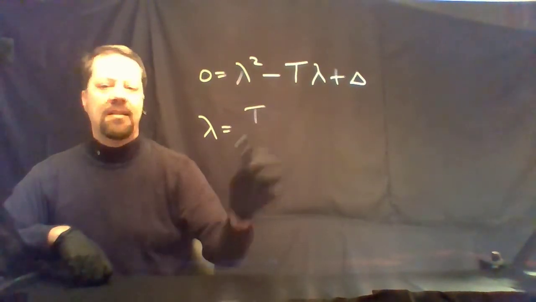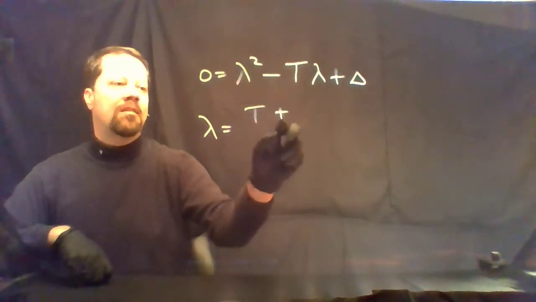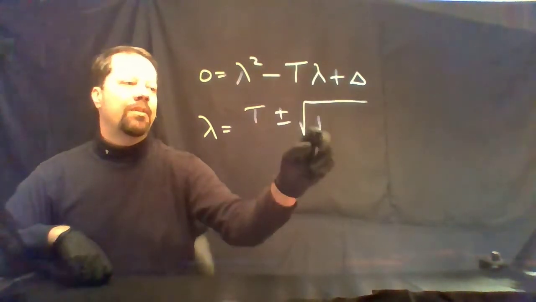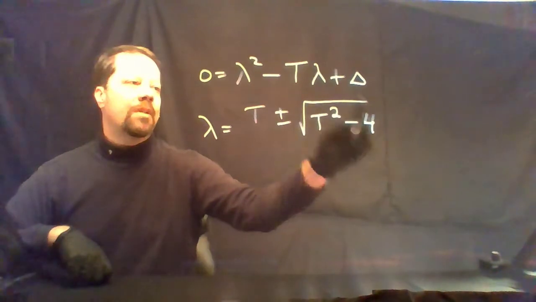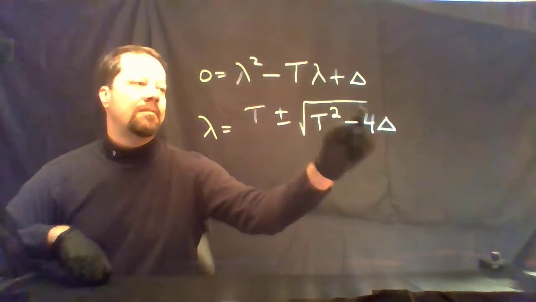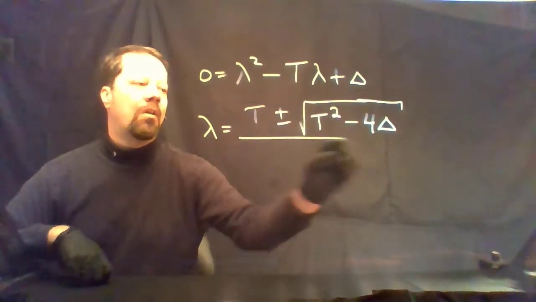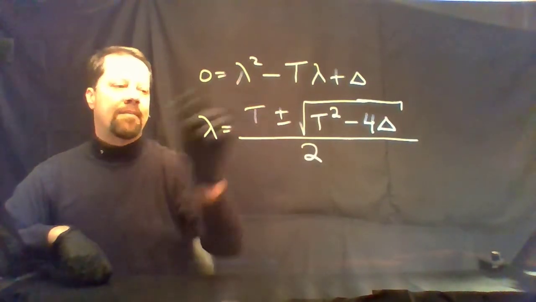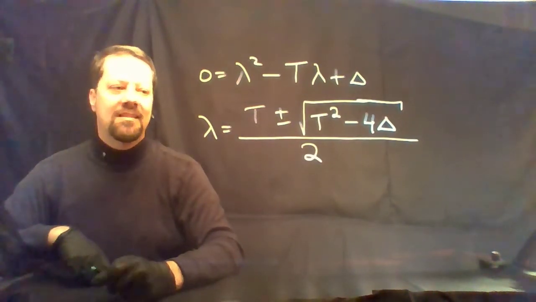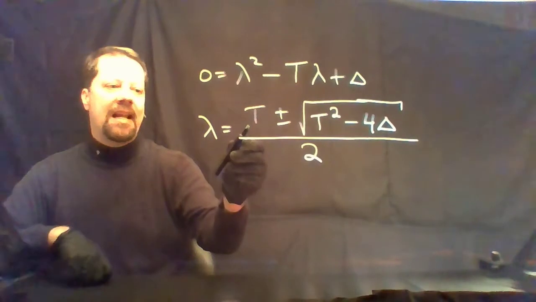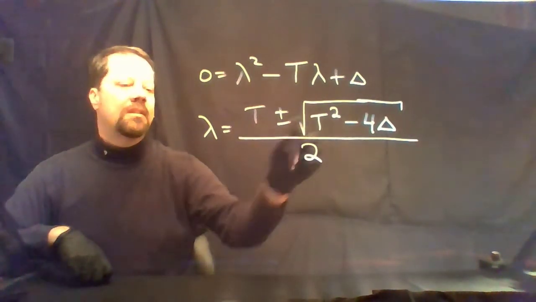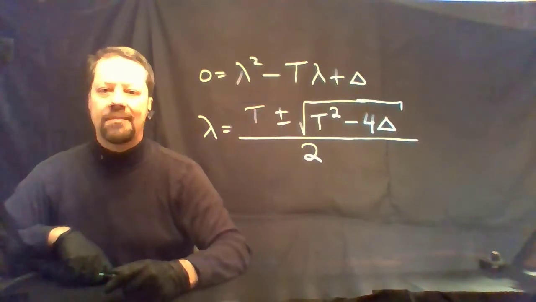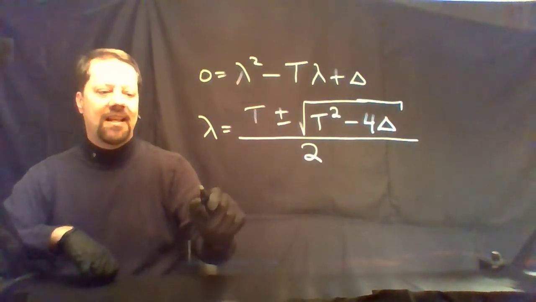We get minus the negative trace, or just t, plus or minus the square root of, minus the trace squared gives you t squared, minus 4 times 1 times delta, all over 2 times 1. You can see that the nature of these will be determined by the trace and also t squared minus 4 delta. Let's deal with the complex case first.